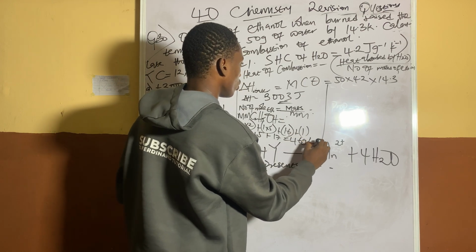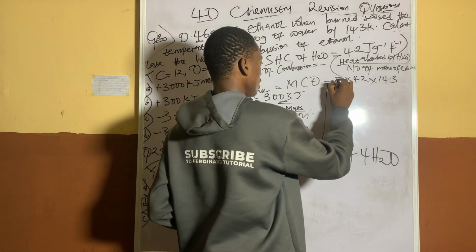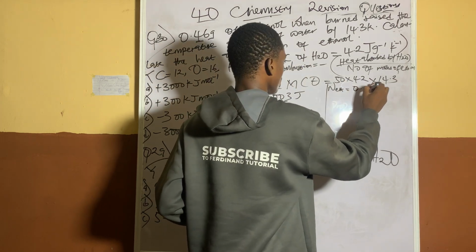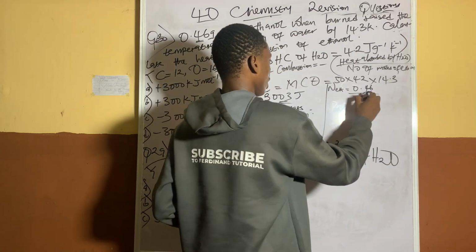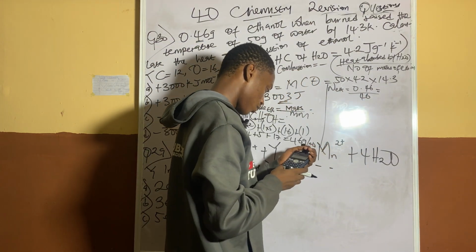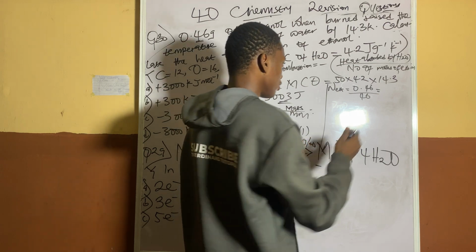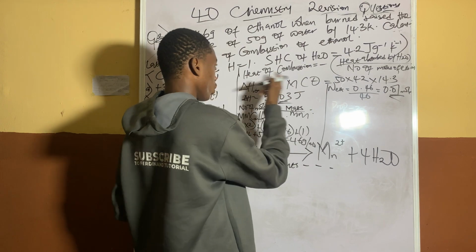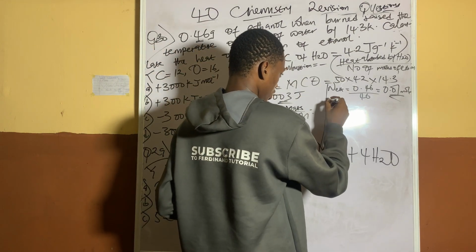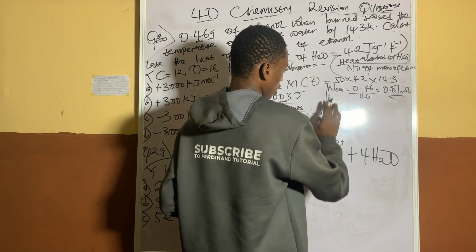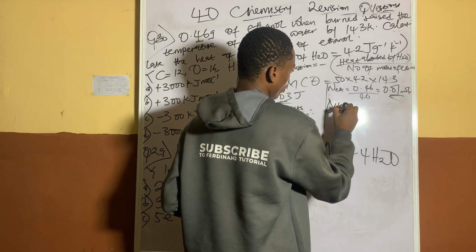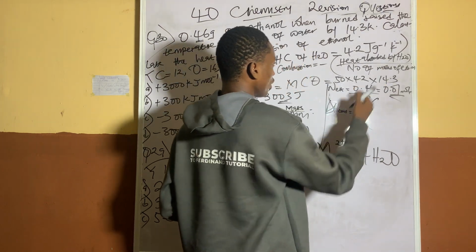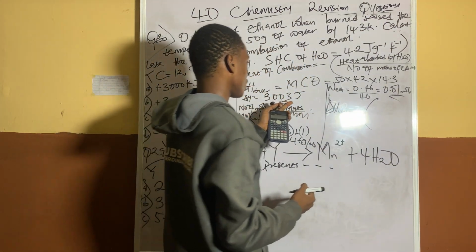So the number of moles of ethanol will be equal to mass, 0.46, over molar mass, 46. I have 0.01 moles. So the change in heat of combustion is equal to the negative value of the heat absorbed by water. The heat absorbed by water is minus 3003 joules.